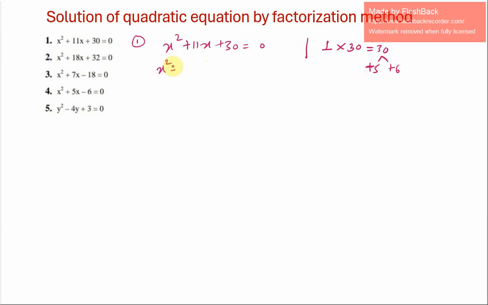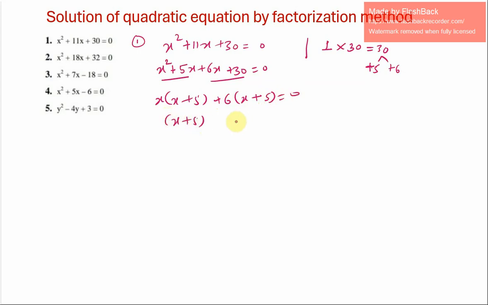So we can write this middle term as 5x plus 6x, plus 30 equals to 0. And then taking common terms, we get the factorization as x into (x plus 5) plus 6 into (x plus 5) equals to 0.